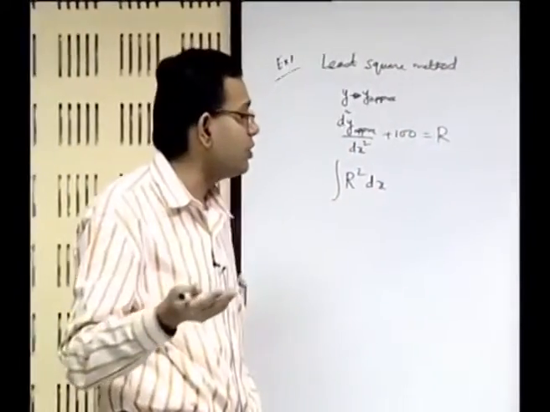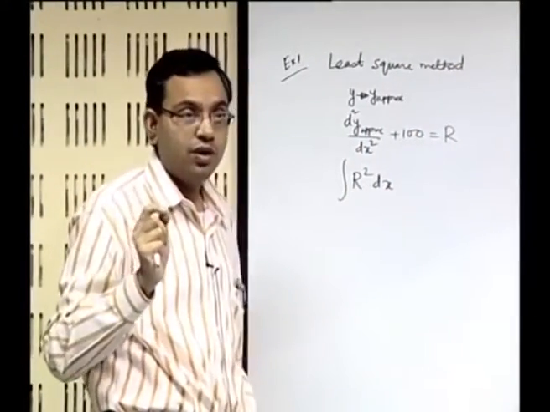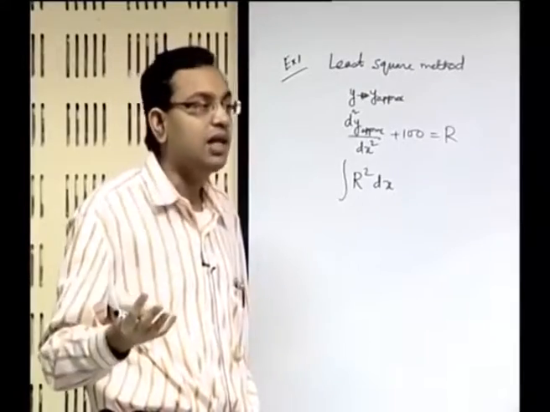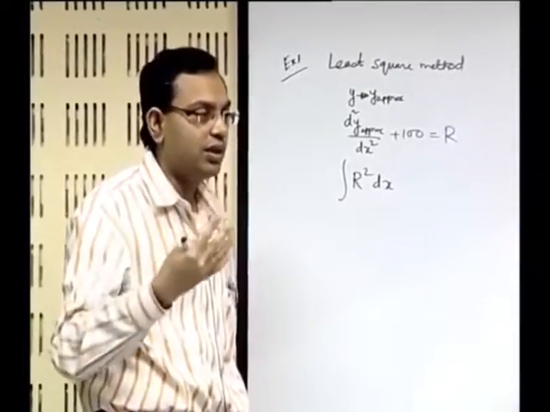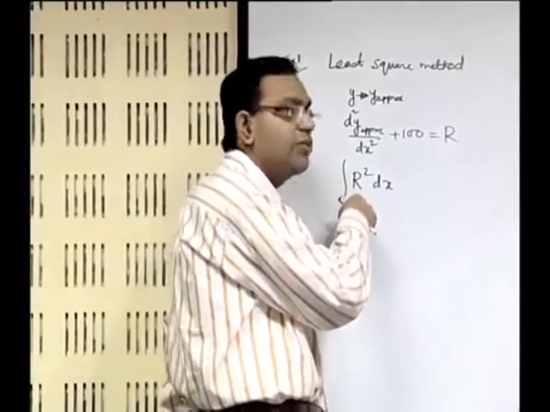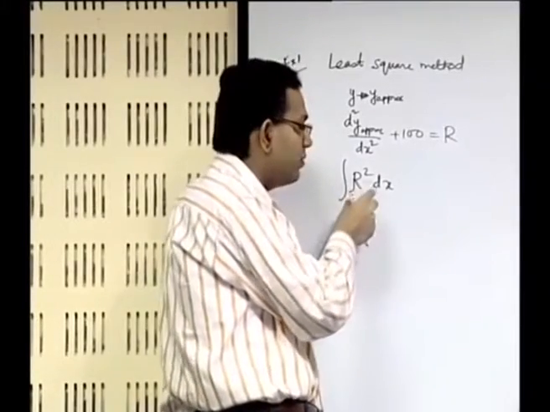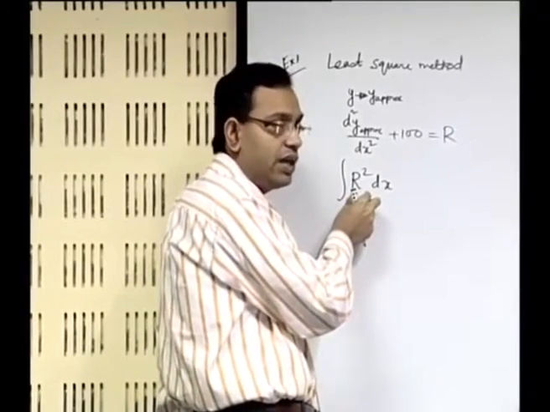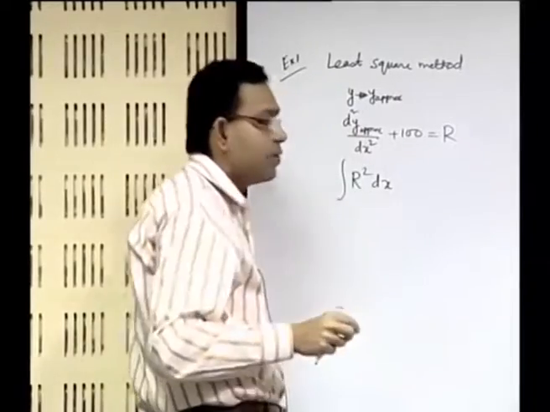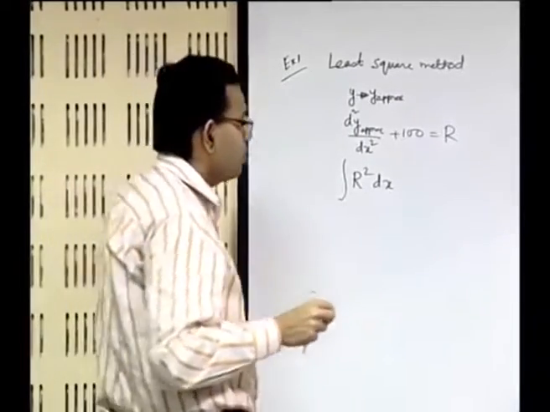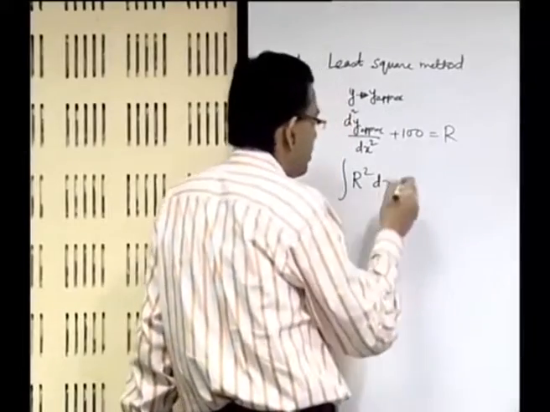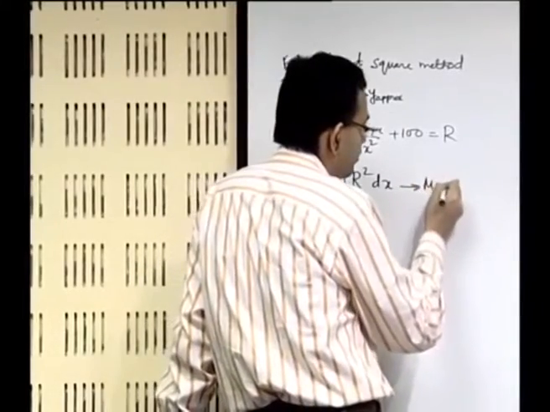Alternatively, one could actually do with the mod of the residual, but because the algebra with the mod is tedious, one does not go through the mod, but one basically finds the square, which anyway is always positive and therefore is indicative of the magnitude of the error, and then try to minimize that. So, this now needs to be minimized.